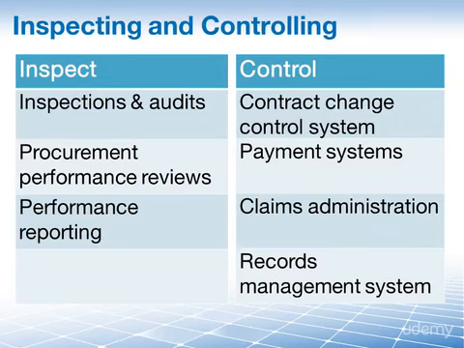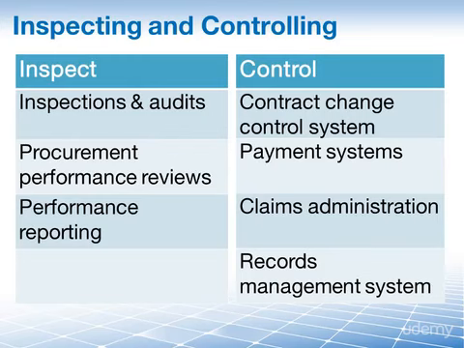Now let's move on to the category of tools that allow you to actually administer or control the contract. By controlling, administering, we mean that these tools help you to keep records, pay invoices, and generally give you a process to administer the relationship with your seller.